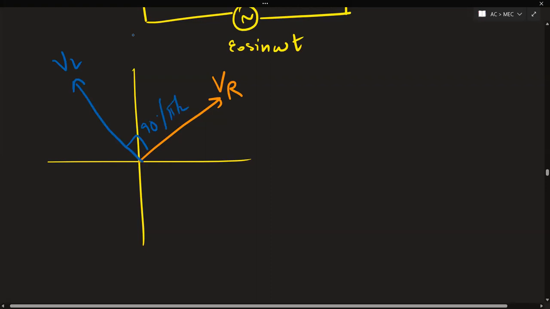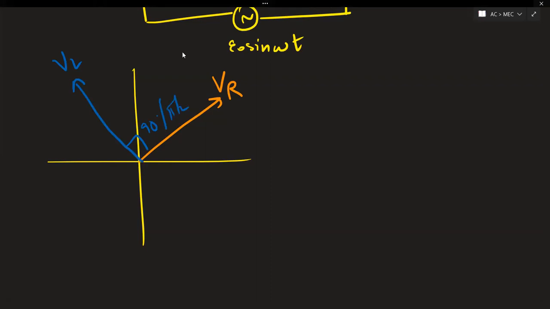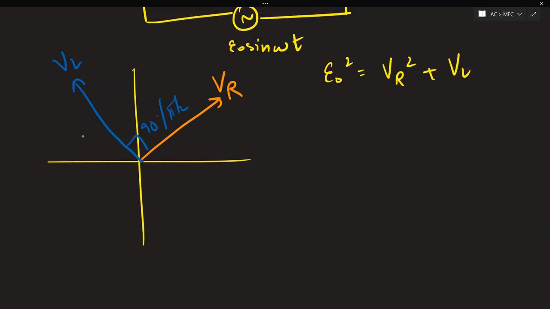This will again be omega t minus theta and everything. Those things will remain the same. Now if you apply the Pythagorean theorem, you will get E naught square equal to what? VR square plus VL square.